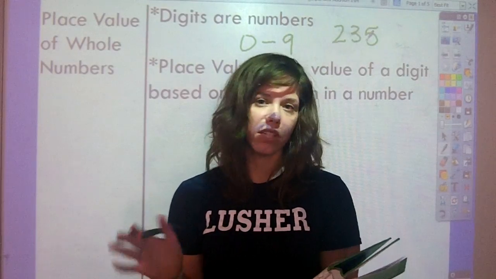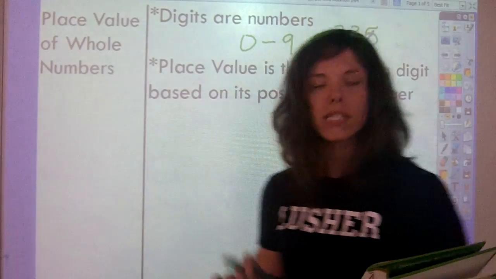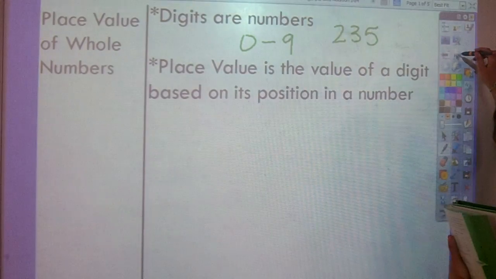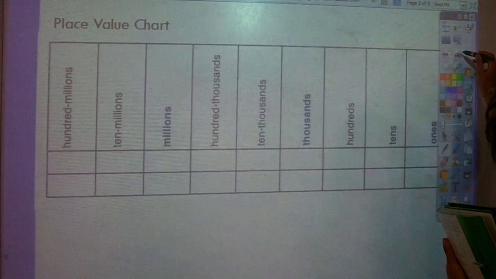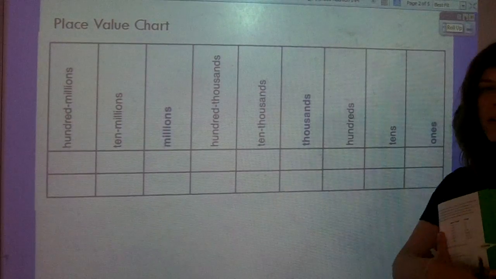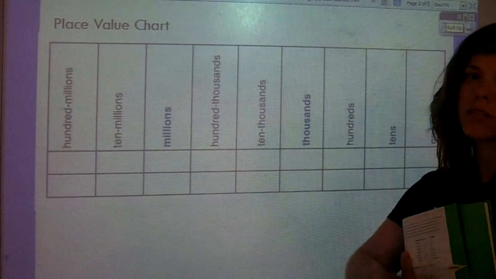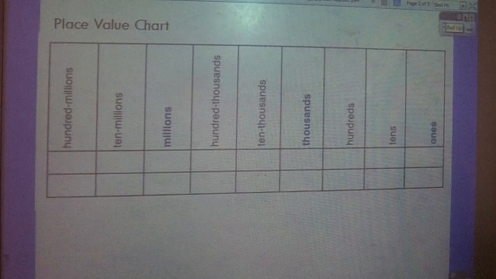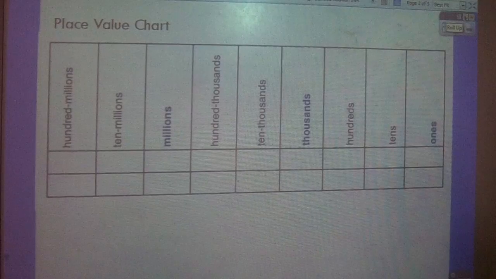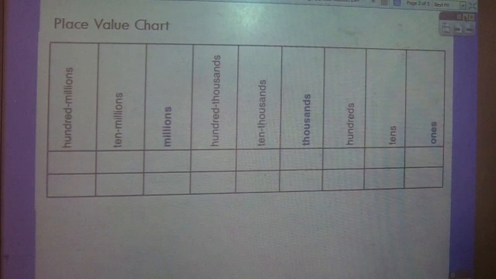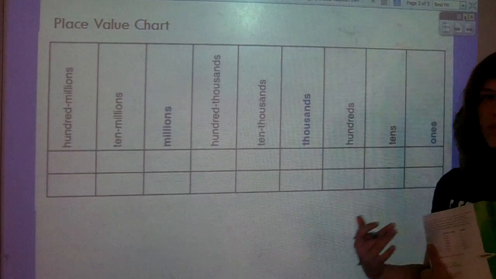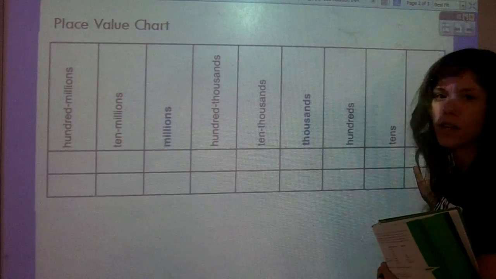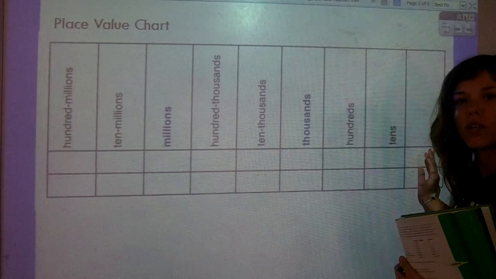A digit is just a number. Let's go ahead and take a look at a place value chart. Take a couple seconds and just take this in. Look at it. In the place value chart, the numbers on the right side are the smallest. It starts with the 1s.